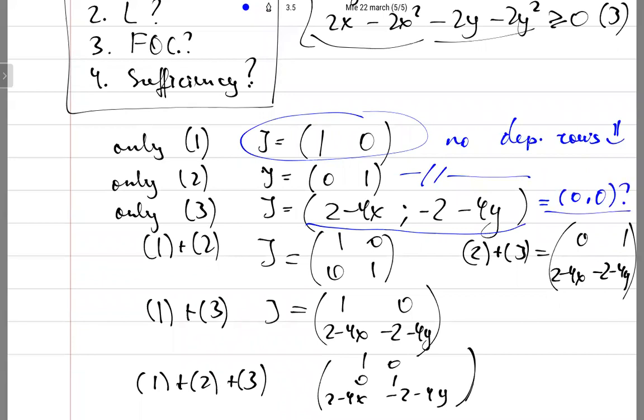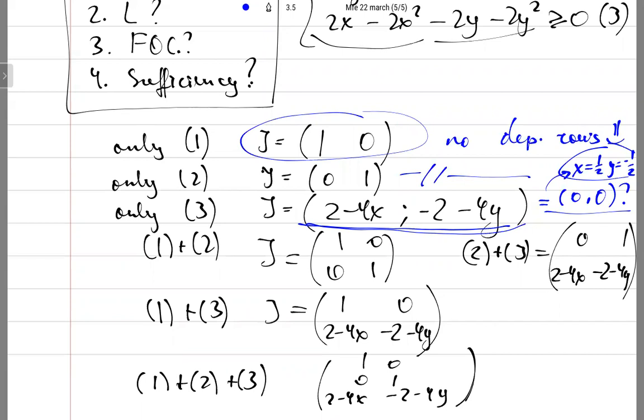No. Why? Because this happens at which point? It will happen at the point where x is 1 over 2 and y is minus 1 over 2, and this point is not feasible. It's prohibited by our constraint. On my feasible set, where I'm considering whether NDCQ is satisfied or not, there are no points where this matrix will have a 0, 0 row.